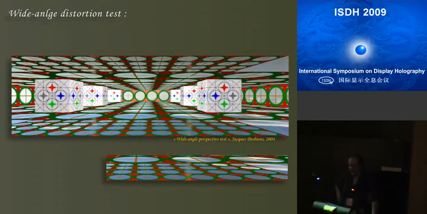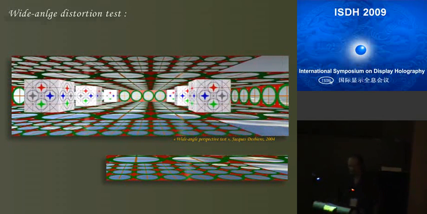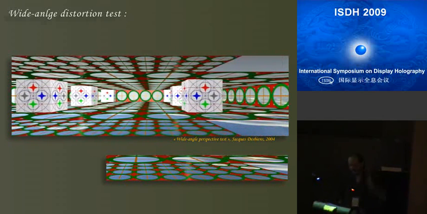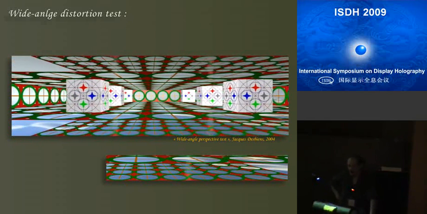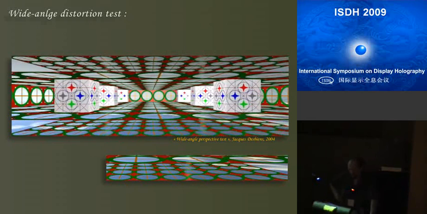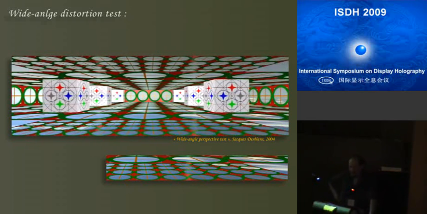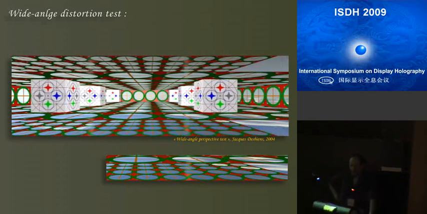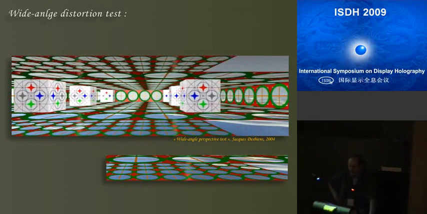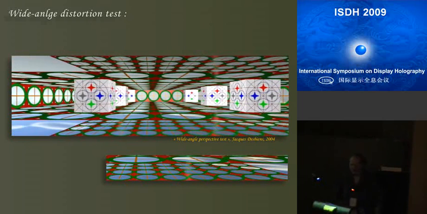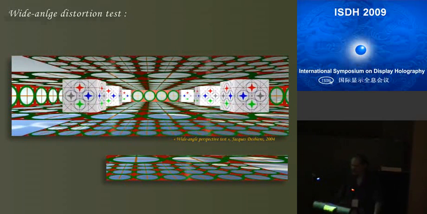So I started asking holographers around. I remember talking about it with David Radcliffe, who was from Geola, who was in Montreal at XYZ Imaging, and I started arguing with him. There is something weird here. I don't see this distortion. And he was saying, Jacques, it's a given. It's like this. It's natural.